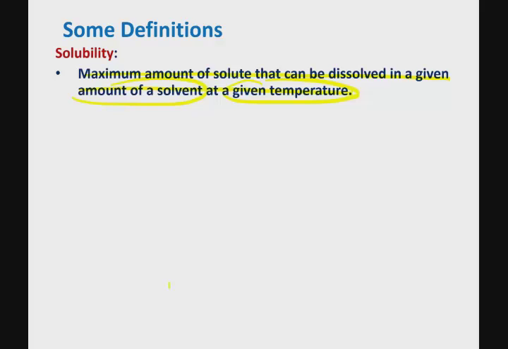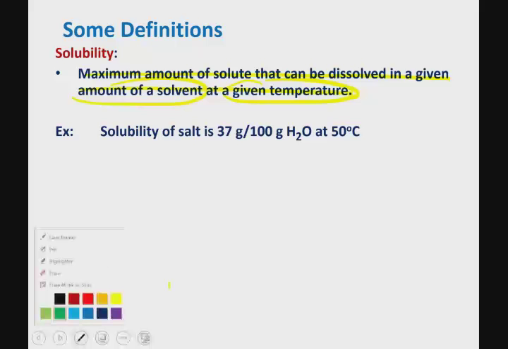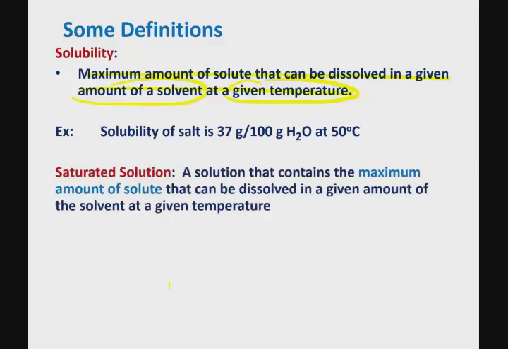Okay, so here's an example of how solubilities are often listed in data banks that have physical data listed. So for example, for salt, 37 grams of salt can be dissolved in 100 grams of water at 50 degrees Celsius. So that's how generally it is listed. In other words, if you have a solution that contains the 37 grams per 100 grams of water at that temperature, then we've created a saturated solution.